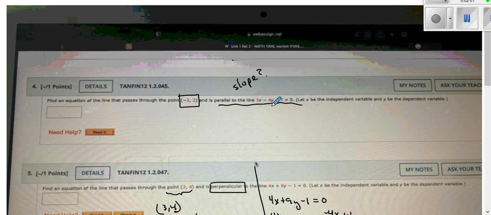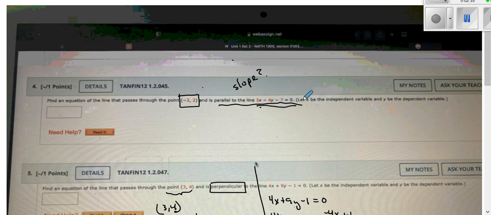The way that you find your slope is that because it's parallel to this line, whatever the slope is of this line, it will be the same as the slope for this line that you're trying to write an equation for. So this equation here, the only purpose it has is for you to figure out what its slope is. Once you have that slope, your line will have the exact same slope. Okay? Now, you may want to rewind, listen to that twice, because that's kind of the key to understanding this question.